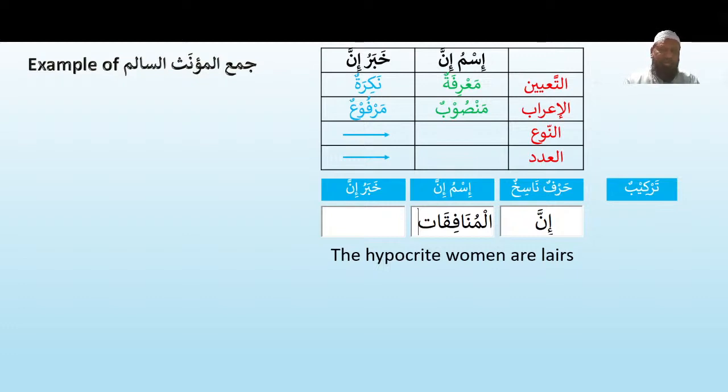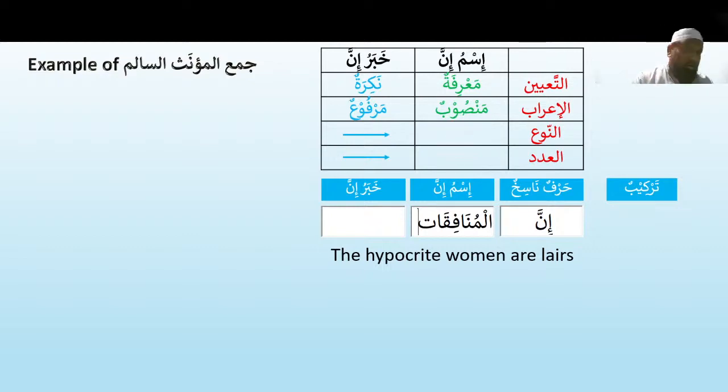Remember, there's only two types of words we've learned so far that show i'rab with harf. Number one, al-muthanna. Number two, jam'ul mudhakkar salim. These are the two at the moment we've learned that show i'rab with harf, and the rest of the isms we've learned will show i'rab with haraka.